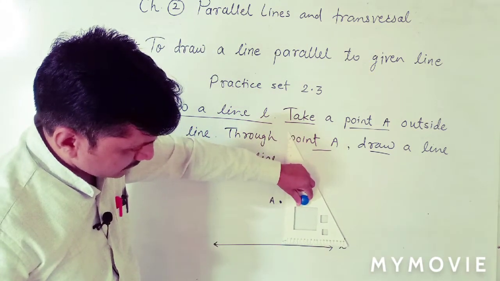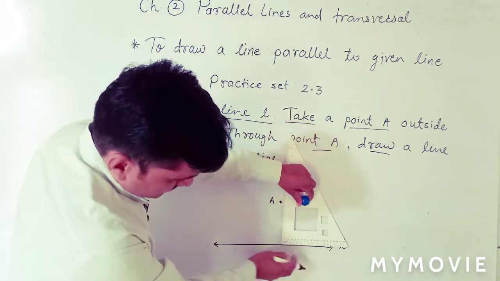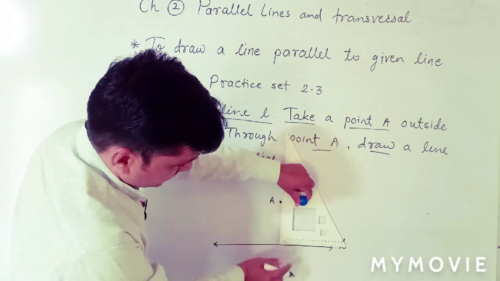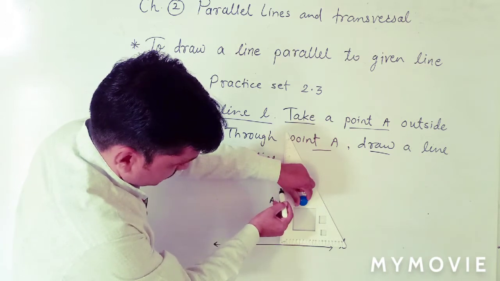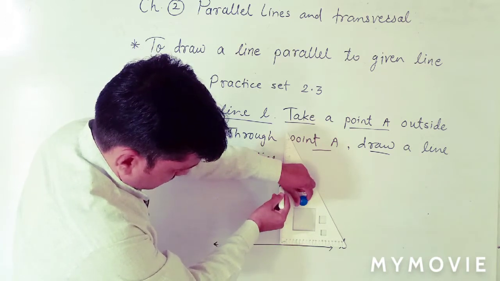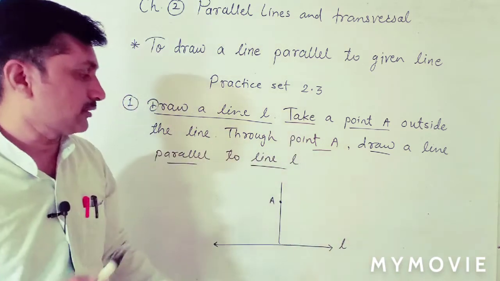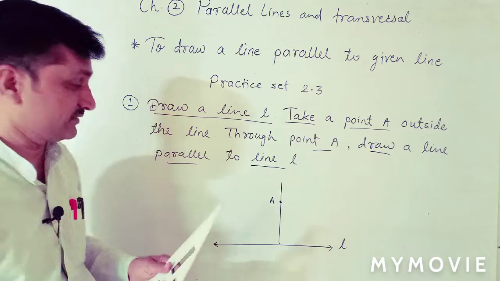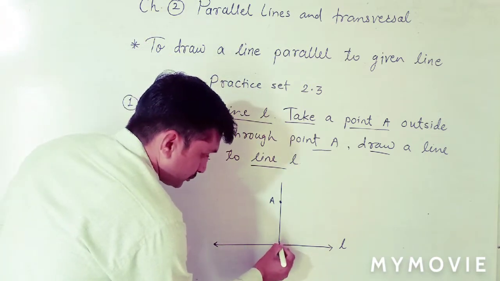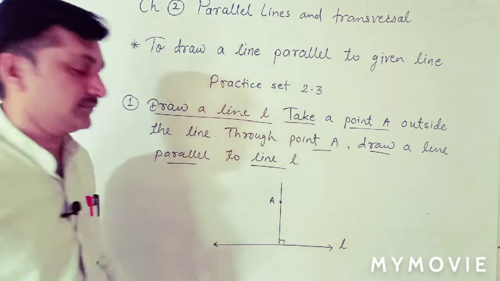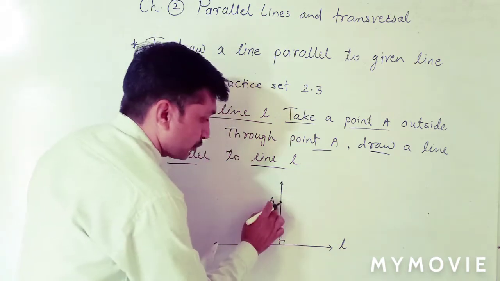Now here you see the baseline, here is the base, and I take a point A on the vertical side, and from here I draw a vertical segment like this, and now we get a 90-degree angle here. This is point A now.